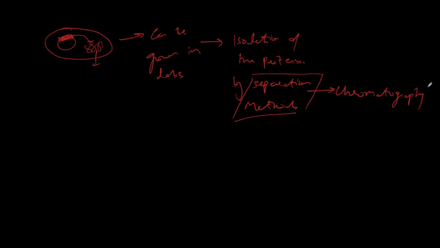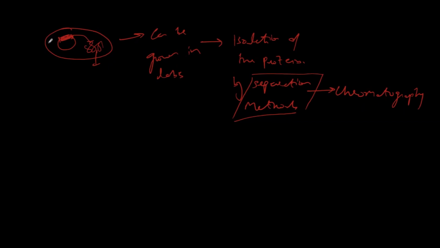There are multiple advanced chromatography techniques that are very important to purify a protein of interest. For example, affinity chromatography, then nickel-based chromatography, then size exclusion chromatography. Every chromatography has its own property for why it is used, and based on what our desired product is, we have to use different chromatography techniques.